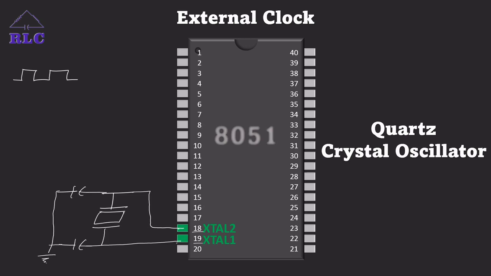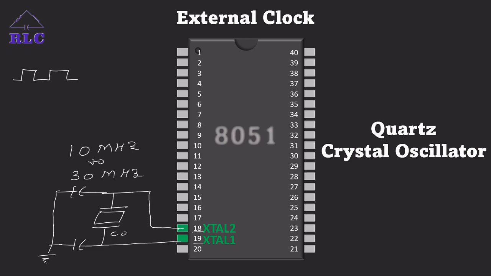This crystal oscillator can have a frequency from 10 megahertz to 30 or 40 megahertz depending upon the 8051 family.